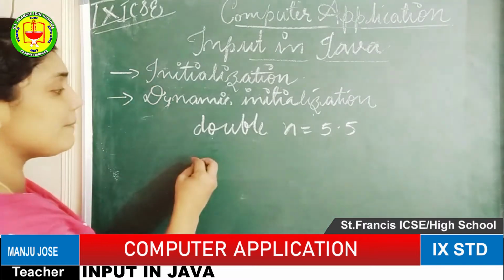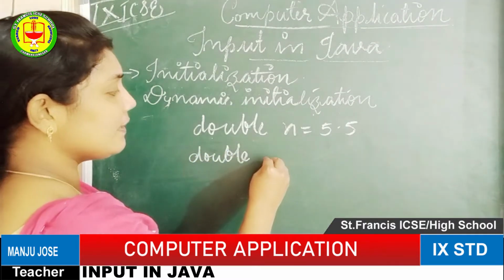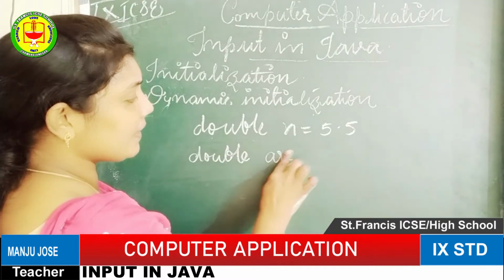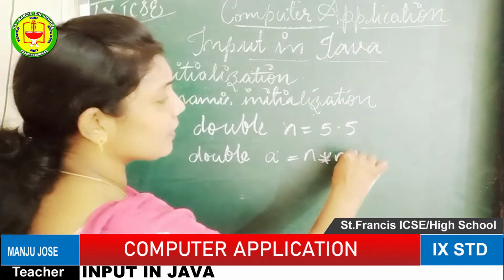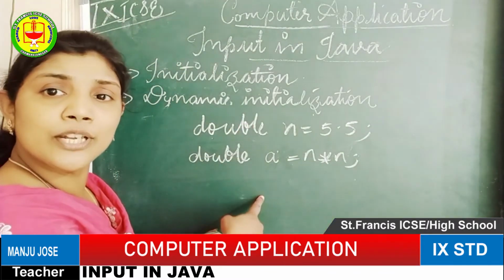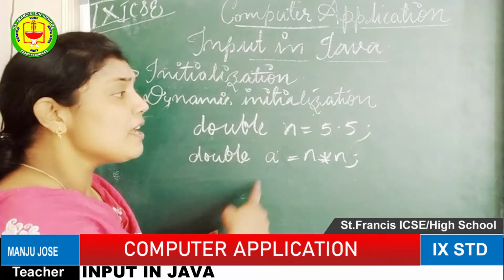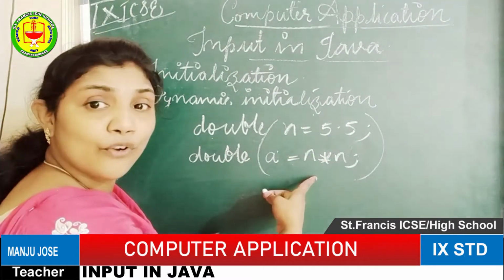The next one is double a equal to n into n. Both are variable declarations only, but the declaration is in a different format. You just observe it.